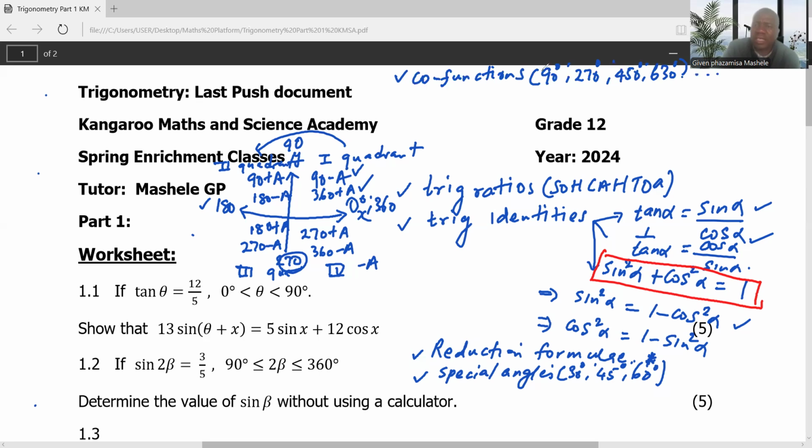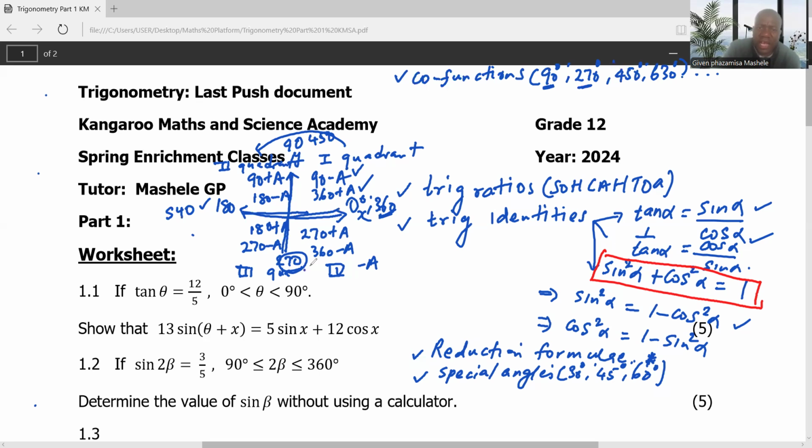For example, remember here the angle was 360. If we increase this angle by 90, this will be 450. By 90, this will be 540. By 90, this will be 630.